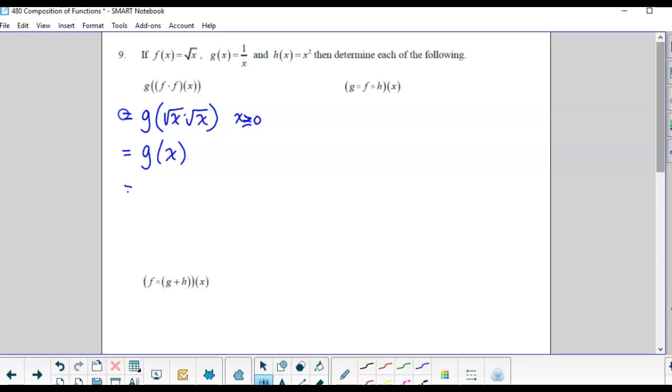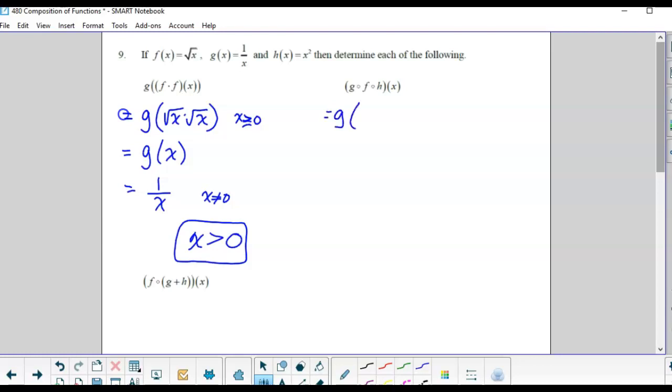Then g of x is just 1 over x. Okay? And then here, we know that x cannot equal 0. So overall, that means x has to be greater than 0. Okay, so you look at your overall and your original, and where does it overlap? Would be this.